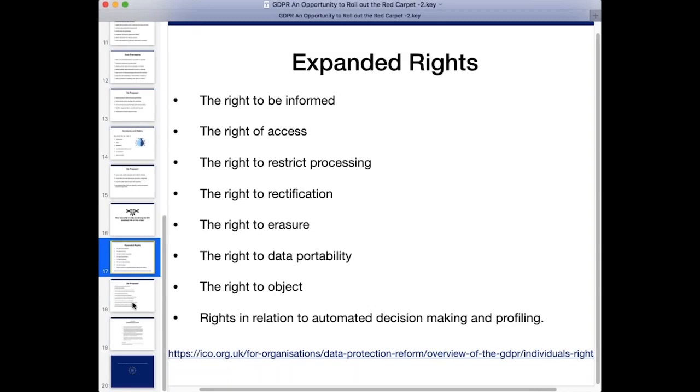So in summary, data controllers and processors should stop processing if data is found to be inaccurate or not completely correct. Also, if the data controller or processor finds that the data can no longer be lawfully processed or there's no legitimate reason for processing the data. We'll be paying a lot more attention to data retention policies.